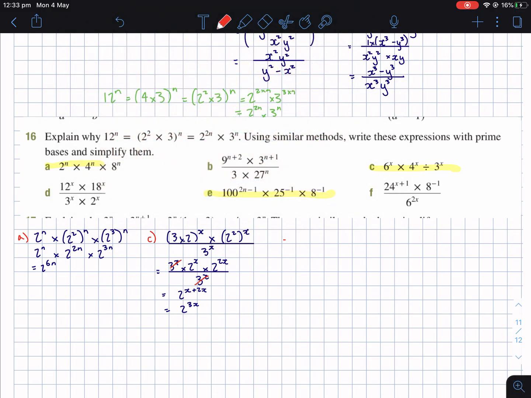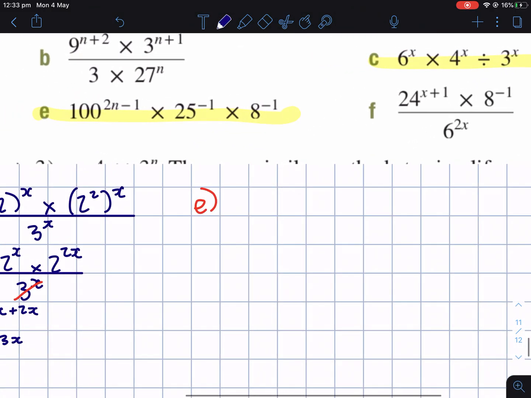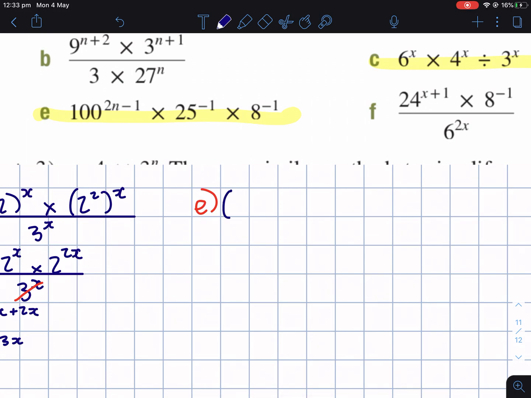Finally, E. It looks hard, but it's not. Now, 100 is the same as 4 times 25, yeah? 25 is the same as 5 squared. 8 is the same as 2 cubed.